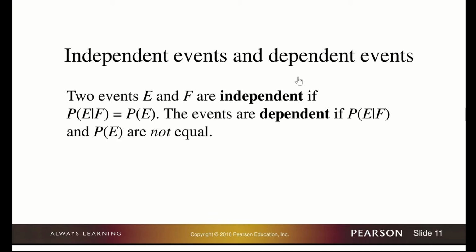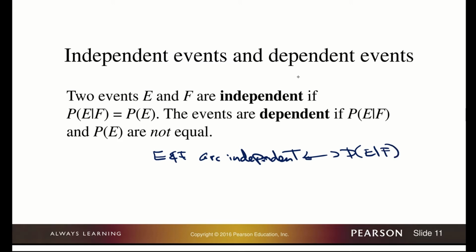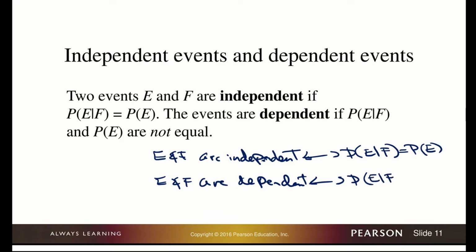So remember, just to summarize in a way that might be easier to remember, E and F are independent if and only if P of E given F is the same as P of E, and events E and F are considered to be dependent if and only if the probability of E given F does not equal the probability of E. In other words, if F occurs first, then E, that's going to change the probability of just E occurring by itself.